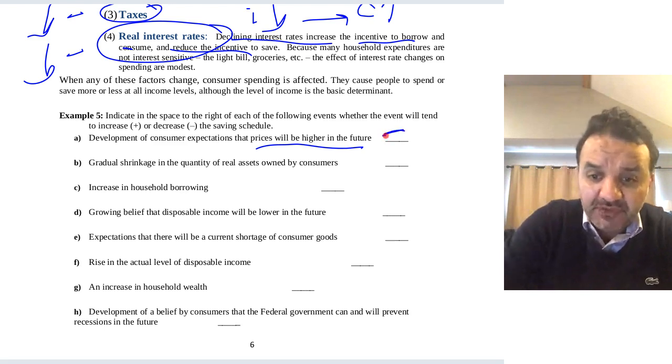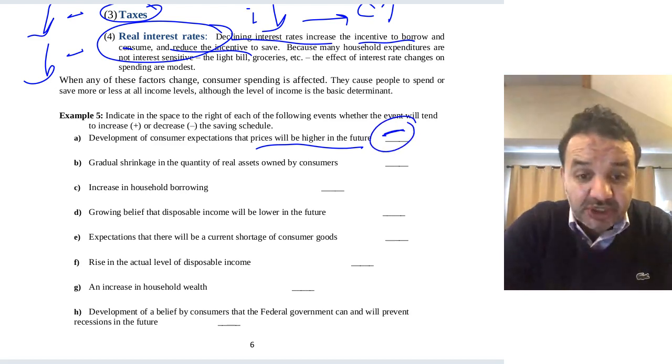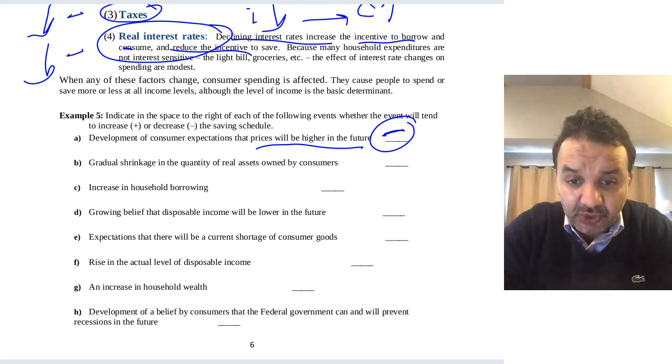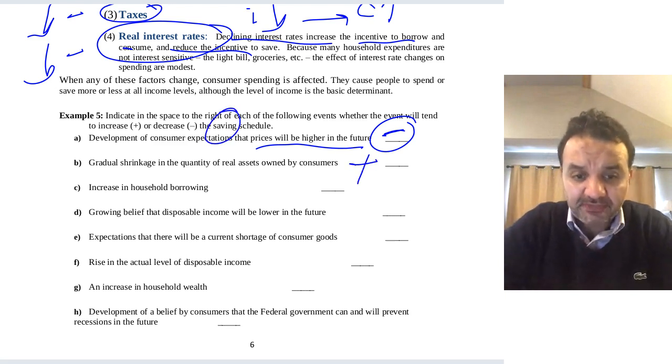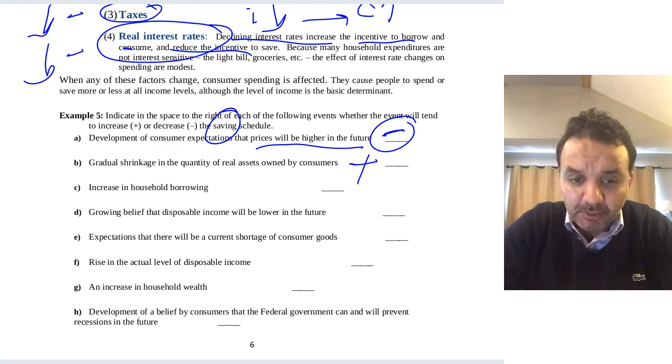Your saving will decline. Gradual shrinkage in the quantity of real assets owned by consumers. How will this affect your saving? I'm sorry, this question is about saving. So positive. How does an increase in household borrowing affect your saving?